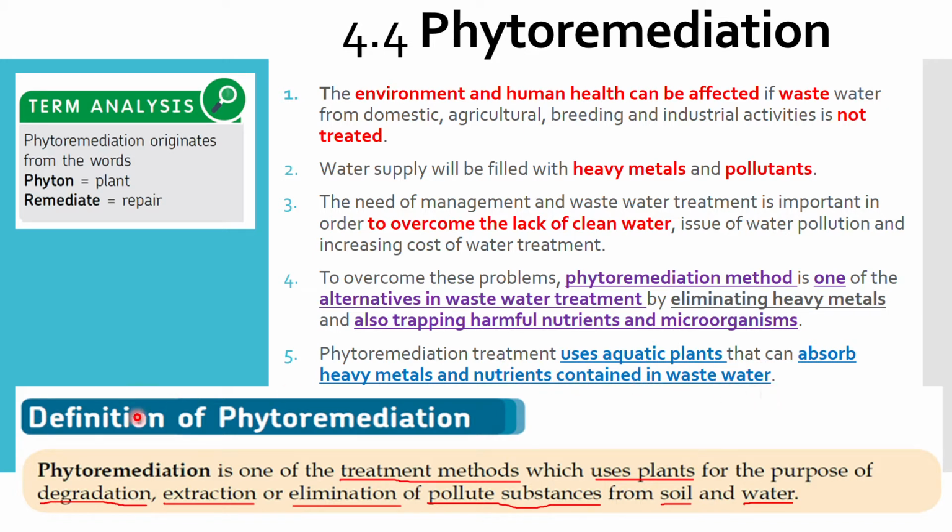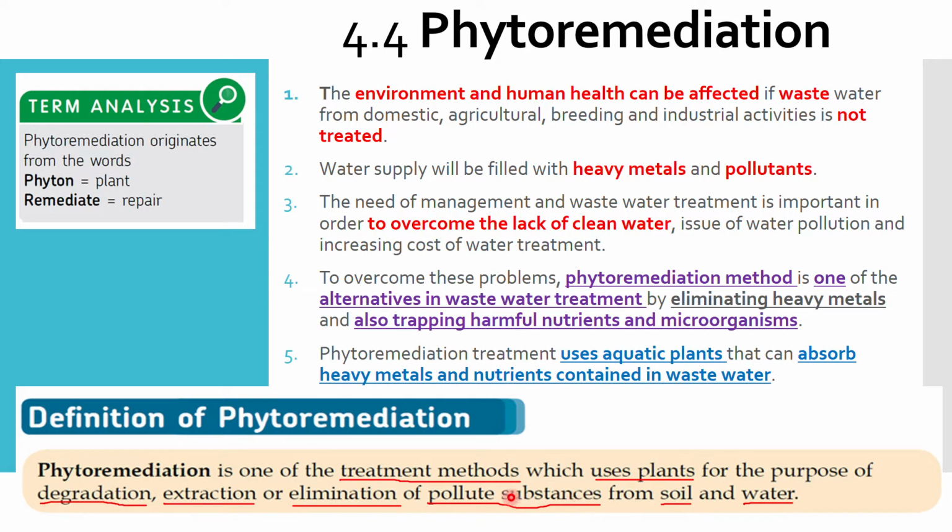So to define it, we put it this way. Phytoremediation is one of the treatment methods which uses plants for the purpose of degradation of pollutant substances. These pollutant substances will be degraded by means of the presence of specific enzymes in the plant.